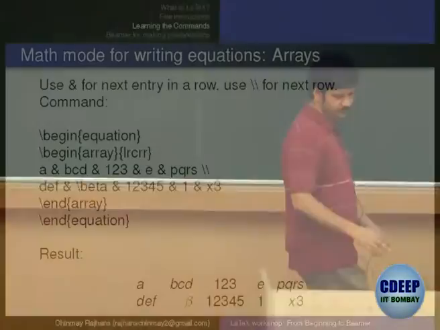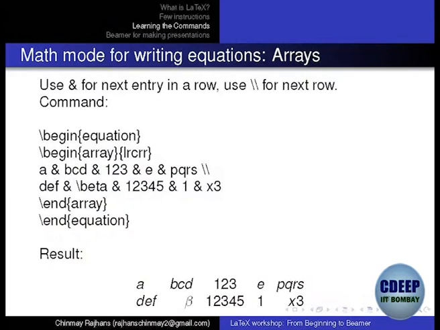Okay, so arrays are again written inside the math mode. Just try this. This is for writing arrays. In arrays there is begin equation, end equation, begin array, end array, and what you give after begin array is the alignment character for columns. What I have written is L, C and R. L is for left alignment, R is for right alignment, C is for center alignment.